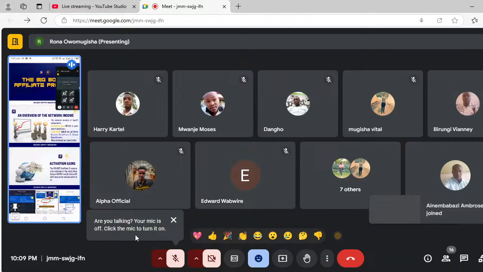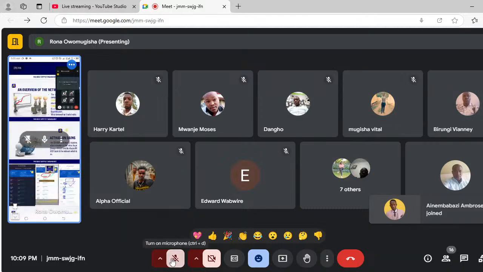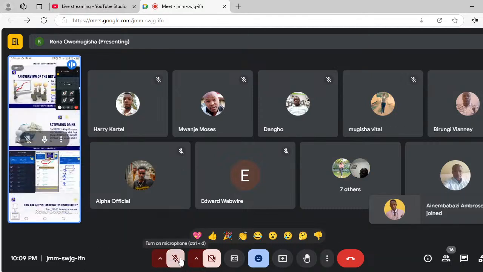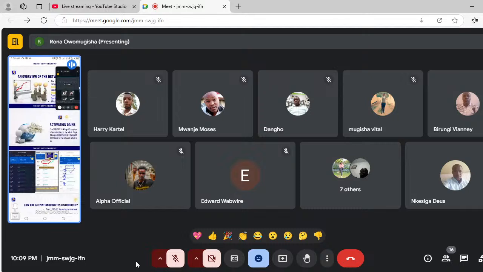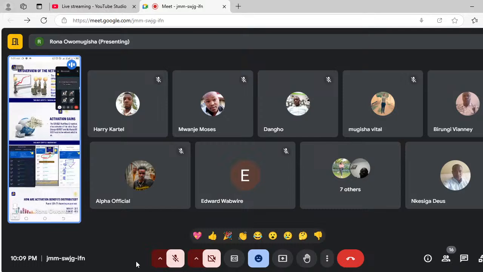So from the activation gain, when someone pays $120, Royal Q only keeps $40 and distributes $80 back to the network, which is us.